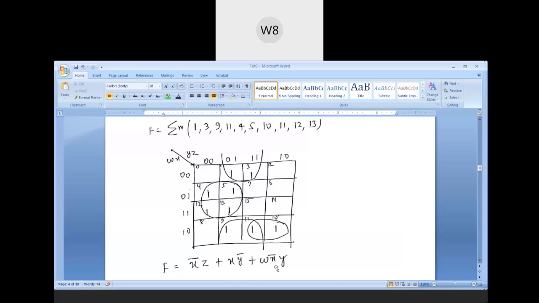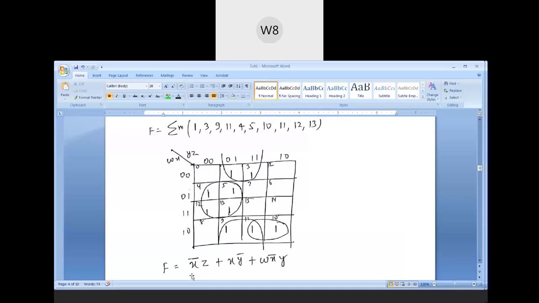So we can now have only 3 terms, 3 groups. 2 terms contain only 2 variables because of grouping of 4, and the third one is a grouping of only 2 ones, so there will be 3 variables. Elimination of only 1 variable is possible.